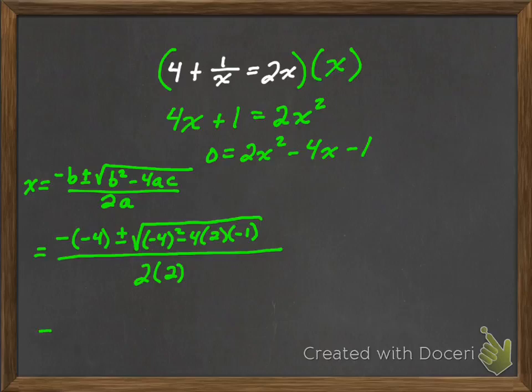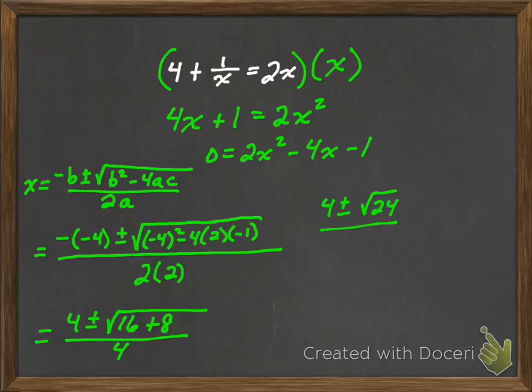All right, so simplify this a little bit. This will come out to be 4 plus or minus the square root of 16 plus 8, over 4. And that becomes 4 plus or minus the square root of 24, over 4.